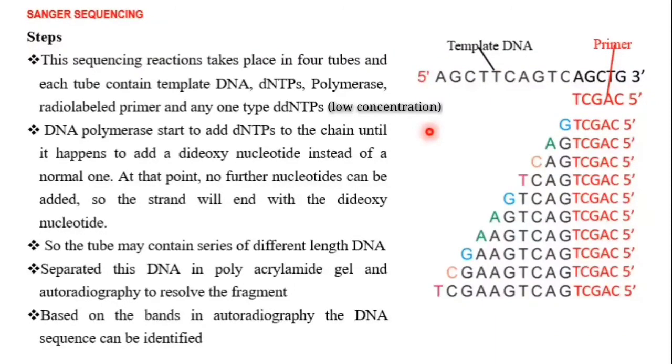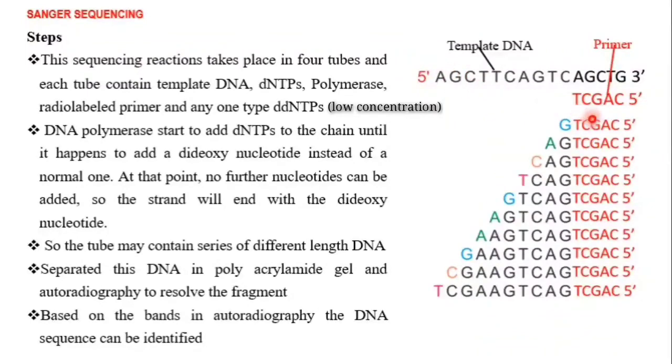At that point no further nucleotide can be added, so that strand ends with a dideoxynucleotide. For example, here you can see the template DNA and the primer, which will be labeled.